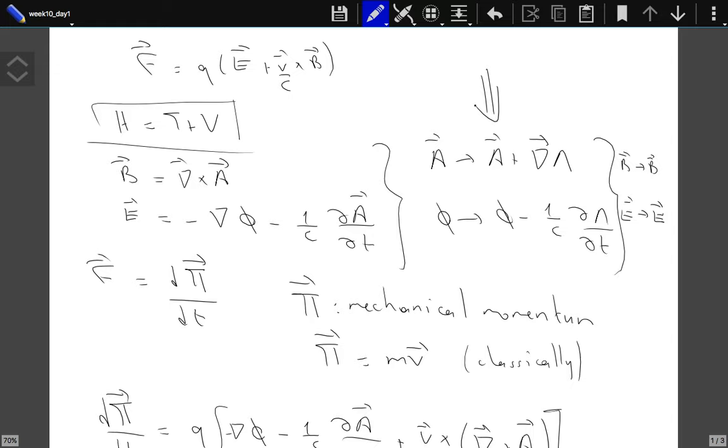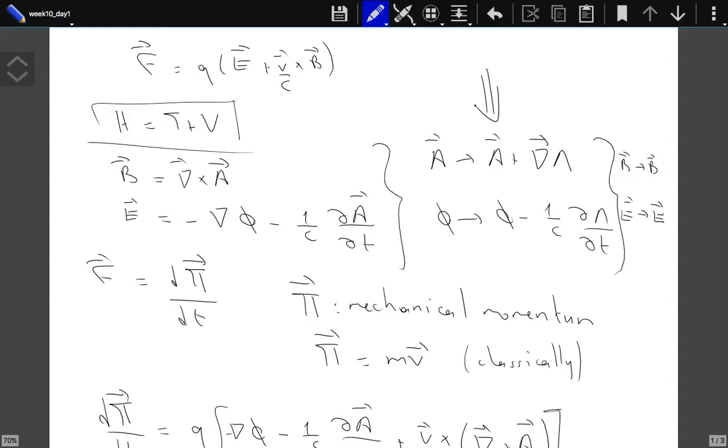You can think of it just like your freedom to choose your coordinate axis. You see, the x, y, and z components of, let's say, velocity will look different in different coordinate axes, but they are all related with each other. So you just pick one coordinate axis and fix it, and once you fix it, a given velocity has given components. Similarly, in electrodynamics, there are infinitely many possible scalar and vector potentials to choose from.